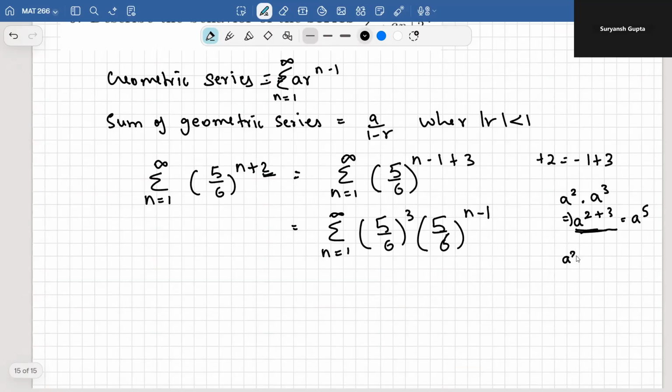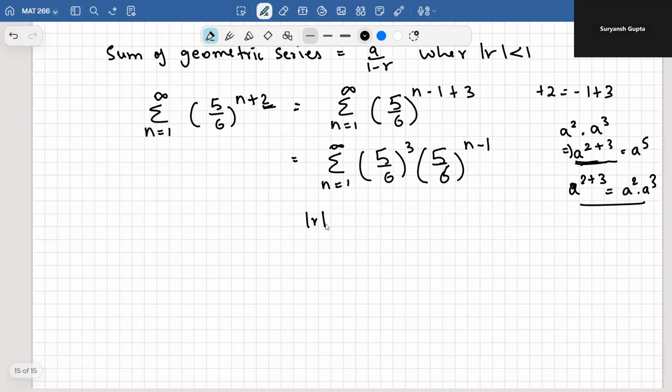So a to the power 2 plus 3, I can also write down as a squared times a cubed. This is all I've done in this step. The reason I'm doing it is to get it in this form here, which is a r to the power n minus 1. Now that I have this, it's in the form of a geometric series.